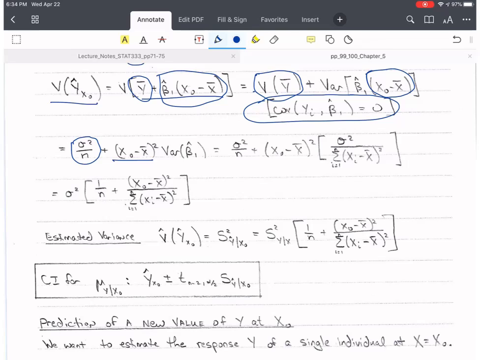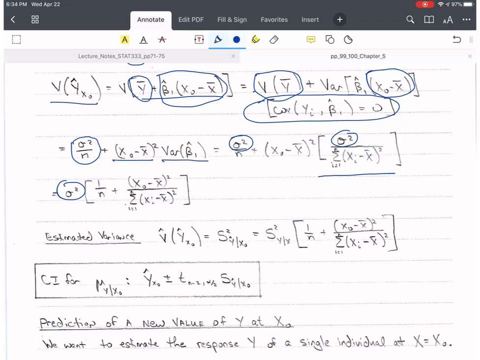We have x naught minus x bar, quantity squared, times the variance of beta 1 hat. Let's substitute in the variance of beta 1 hat here. Notice that we have a sigma squared here, and we can factor it out. And we have 1 over n plus x naught minus x bar squared over the sum of xi minus x bar squared.